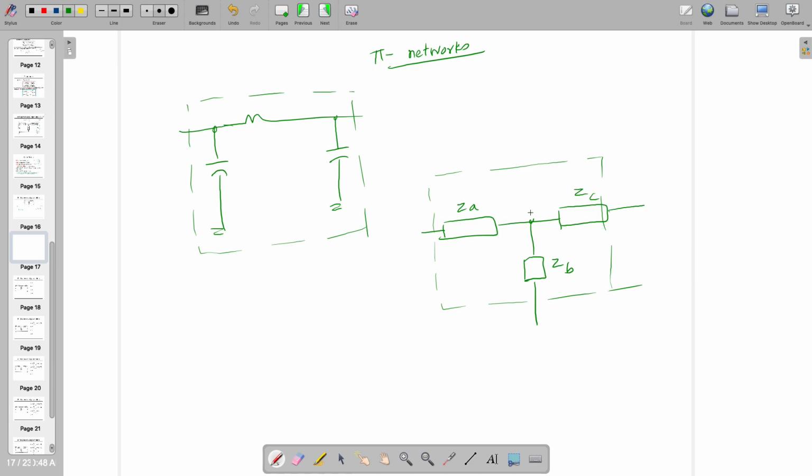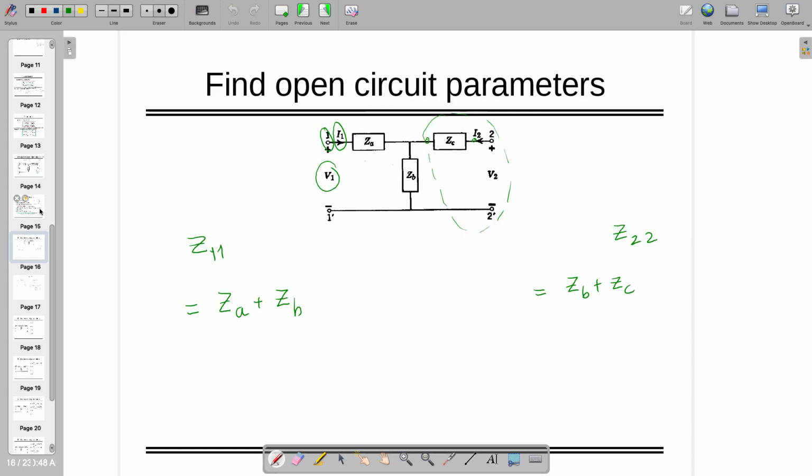Like pi network, what is it? T network? Okay, it's very easy. So right now what we are doing is modeling the T network. The same thing can be done by a pi network also. Maybe the rest of the things we'll talk about from Thursday.